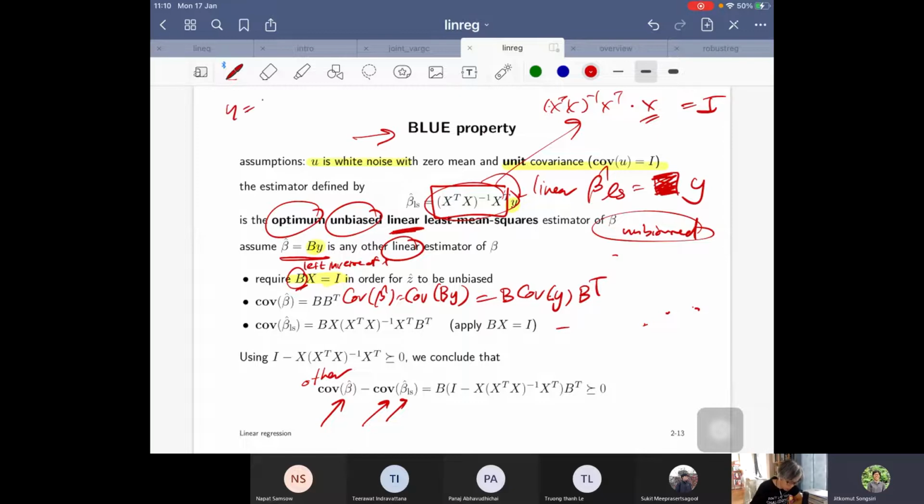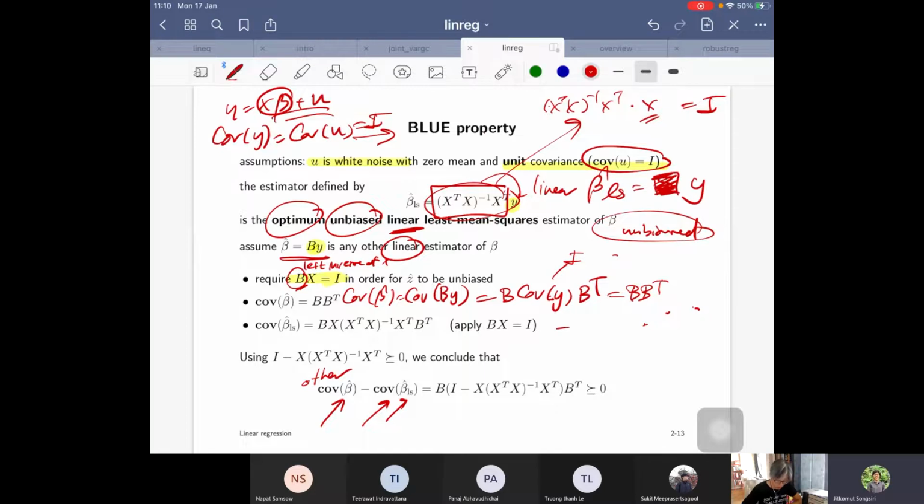Y equals X beta plus u. Please work out the covariance of y. It is going to be the covariance of u, since X beta is deterministic, a constant. We assume that the noise has unit covariance, a multiple of I, so here is the identity matrix. So it is B B transpose.